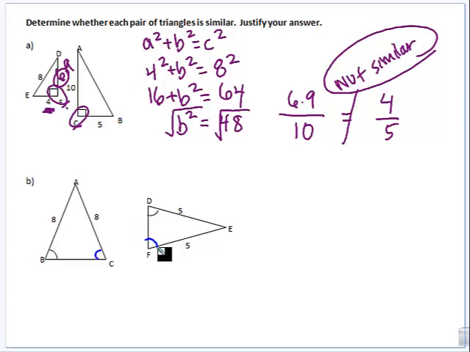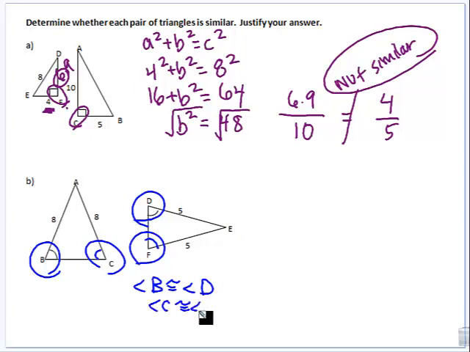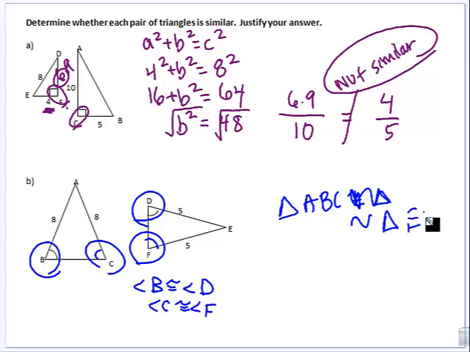So now let's look. In this diagram, do I have two angles marked congruent? Yeah. I have angle B and angle D being congruent. And I also have angle C and angle F. So triangle ABC would have to be similar to triangle, well, if I started with A over here, I have to start with E. So EDF, and we'd say by angle, angle.